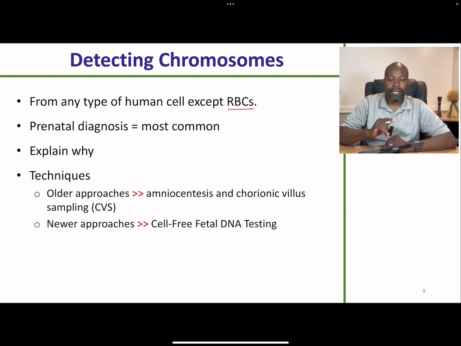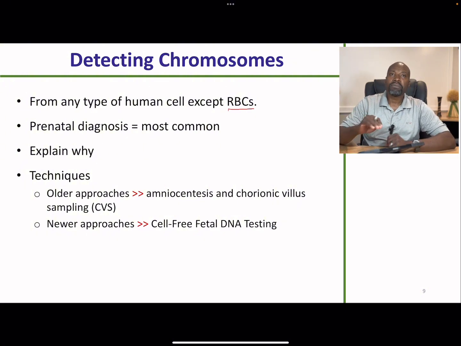Okay, let me repeat that. Red blood cells, or erythrocytes, are the only cells in the human body that when they mature, they do not have a nucleus. That's why these cells cannot reproduce, right? But let me close that parenthesis.